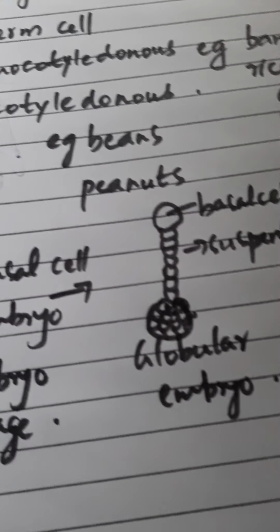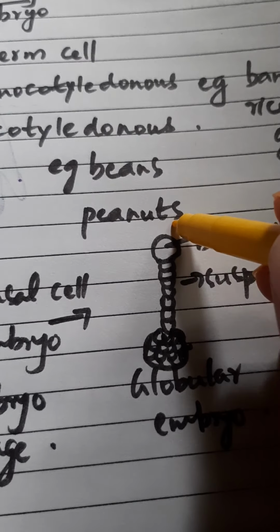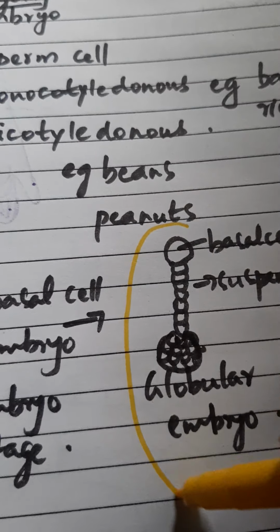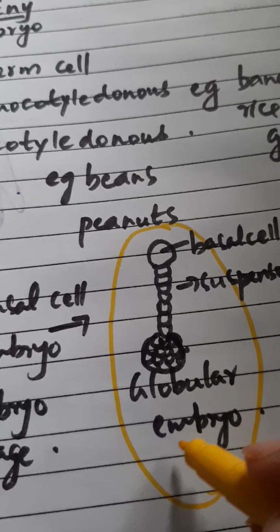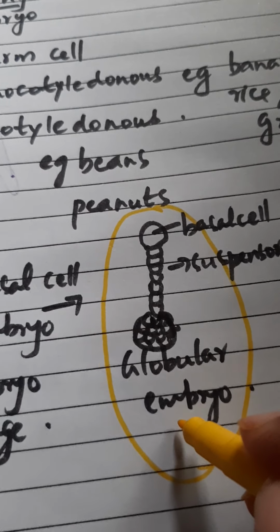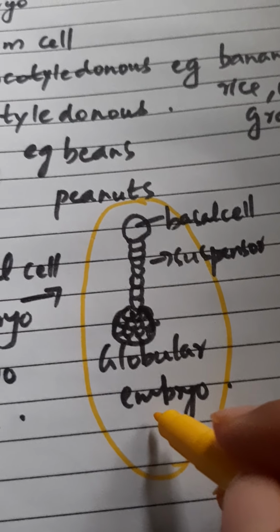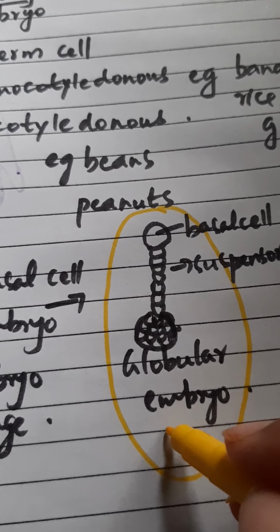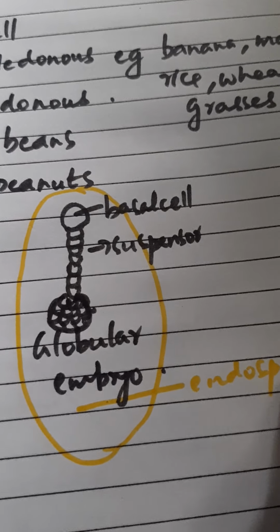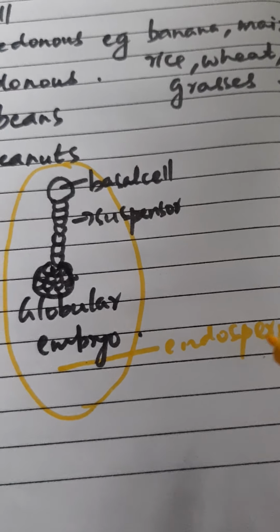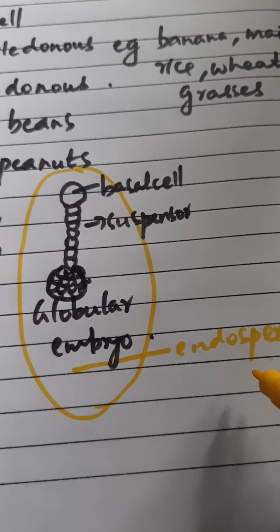Suppose this is the embryo sac. You know that there are endosperms formed as a result of fertilization. So here you will find endosperm, primary endosperm cells. And you know endosperm is filled with food reserves.